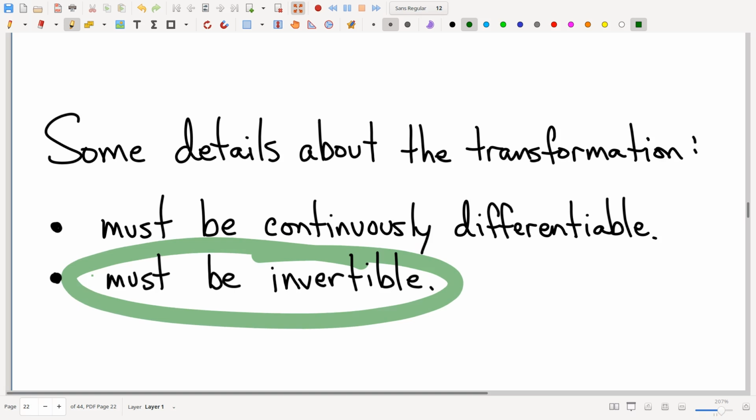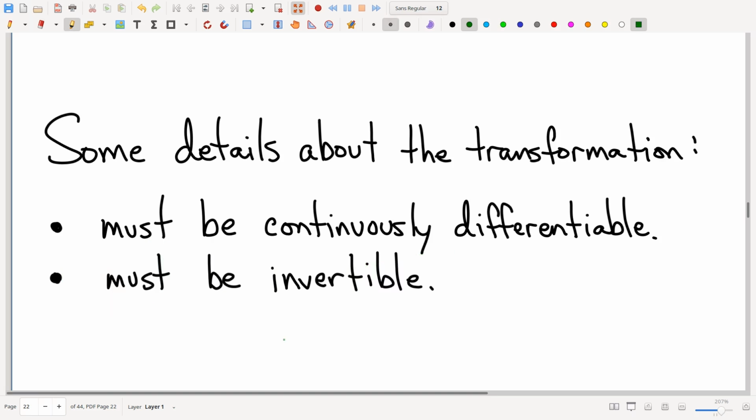Weird things can happen if the function's not invertible. The idea that when you push it forward, you can just pull it back, doesn't really work, because it's not invertible. The one-to-oneness of it all gets messed up. So issues can arise. So you do need to make sure that your change of variables functions are invertible. Again, that's not going to be a problem for us.